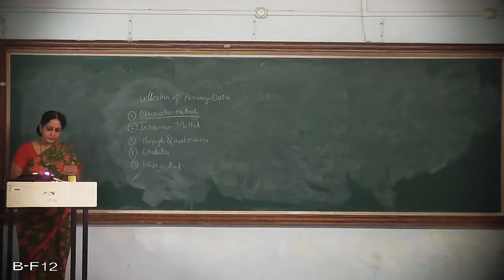Then, the selection of pertinent data of observation is also very important. So all this becomes standardized conditions, then selection of pertinent data for observation. This becomes a structured observation method.